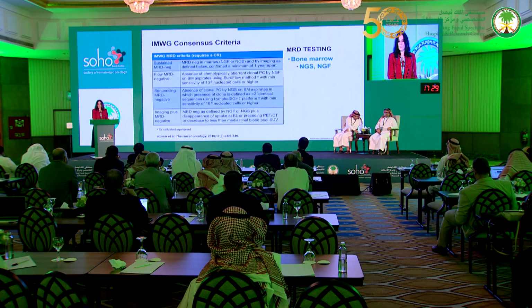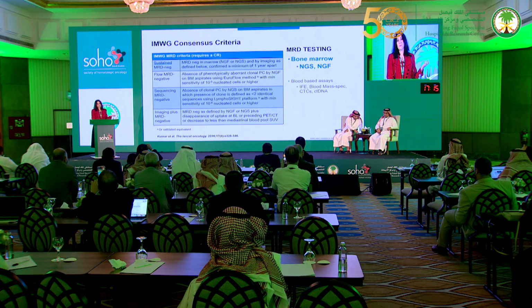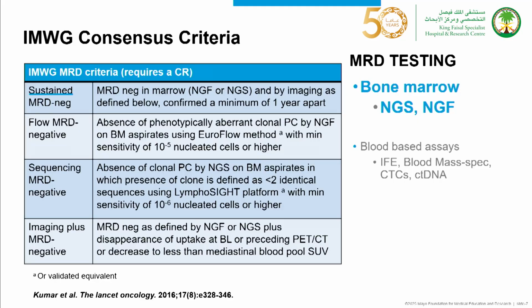So for bone marrow, we typically think of next-gen sequencing and next-gen flow. There are blood-based assays trying to see if we can detect MRD and not have to do so many bone marrows. There's mass spectrometry of the blood, circulating tumor cells, and cell-free circulating tumor DNA.